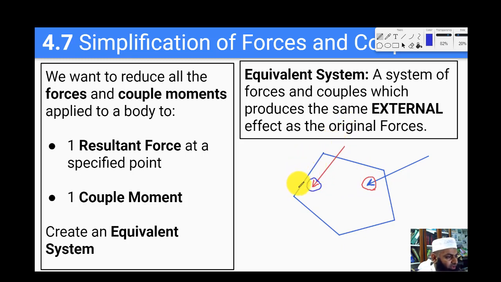But right now we are not concerned about the internal effects. We want a force system which has the same external effects. By same external effects we mean that the acceleration should be the same, and all the turning effects and all the movement should be the same.